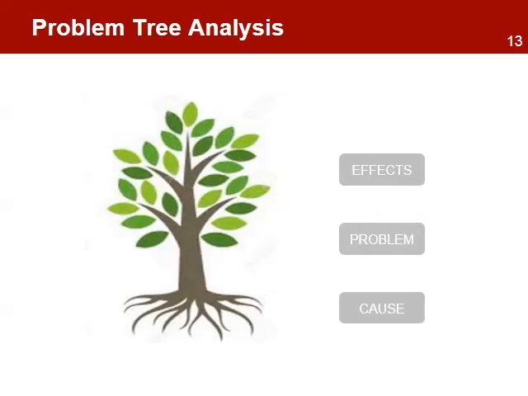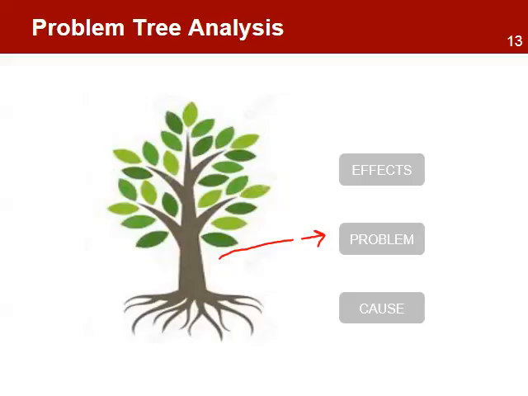The problem tree analysis, also called situational analysis, originates from the analogy of the connectedness of all parts in a tree with the relationships of a problem, its causes and effects. In the diagram, the trunk of the tree represents the problem.